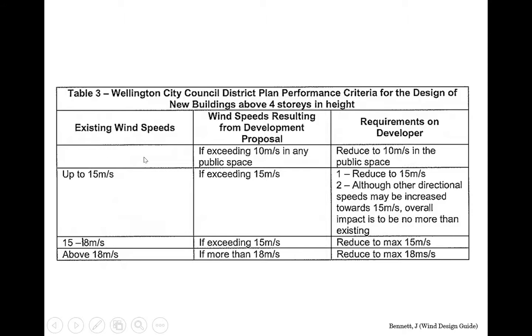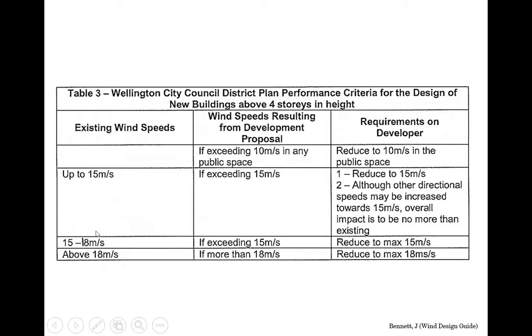I need to change that. If the existing wind is in the 0 to 10 metres per second, and the wind speeds are going above that 10 metres per second, sorry, this should say 0 to 15 metres per second, then in this city, the designers need to reduce that down to 10 metres per second.